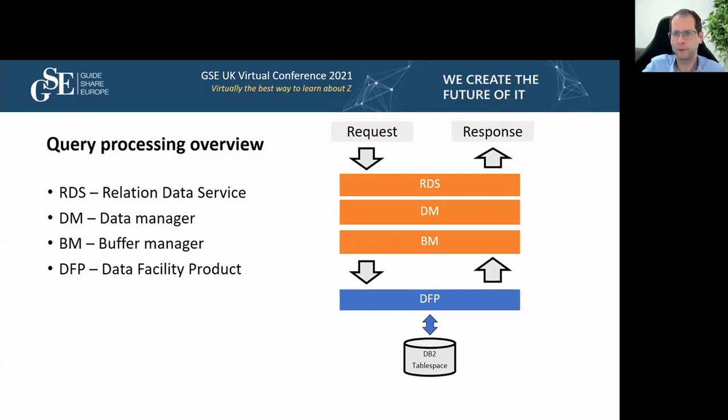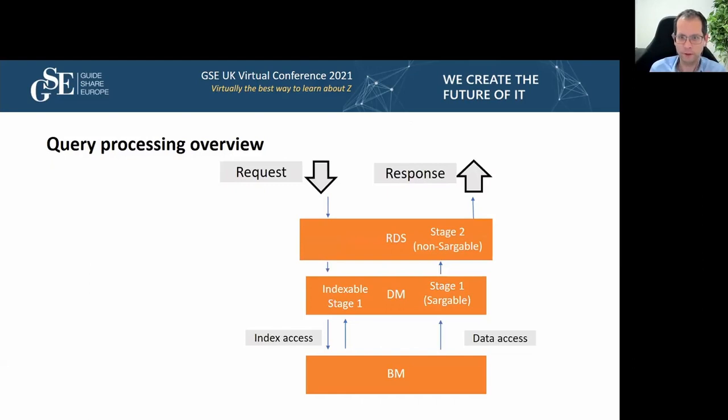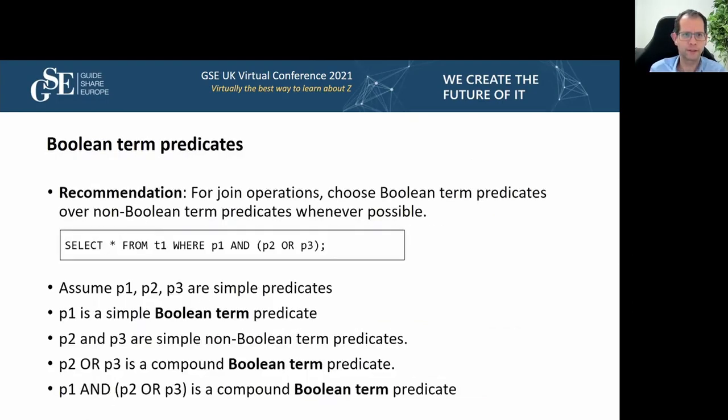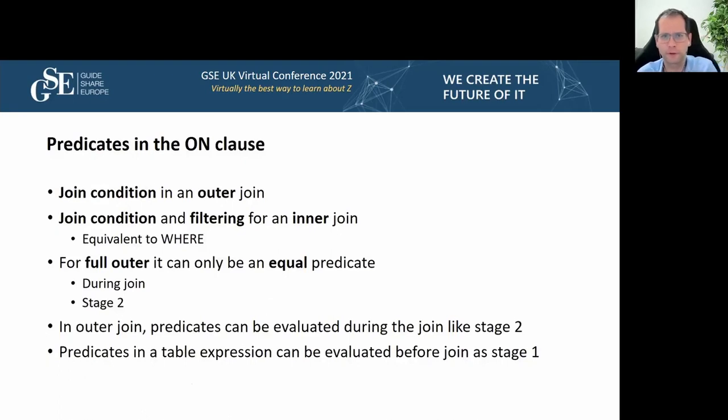There are multiple layers where DB2 performs some actions. Sometimes you have heard about those indexable, stage 1, stage 2 predicates. This is visualized here. I won't speak about them in detail, just for your reference.